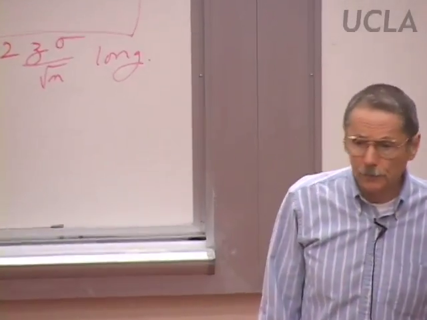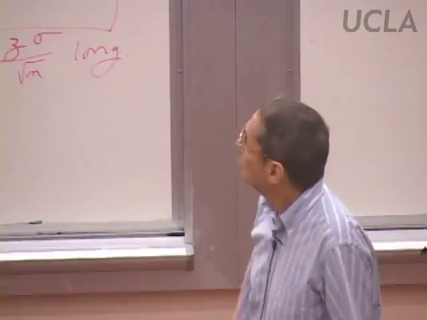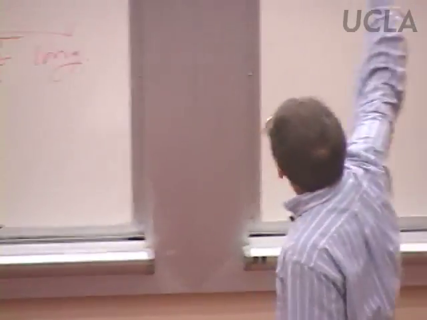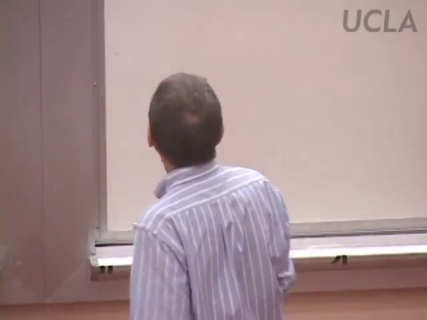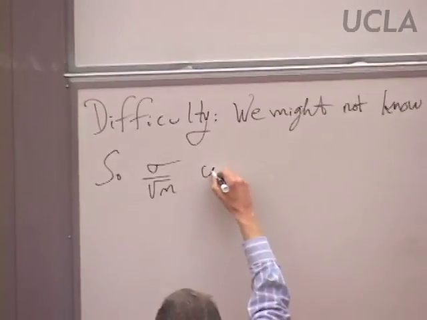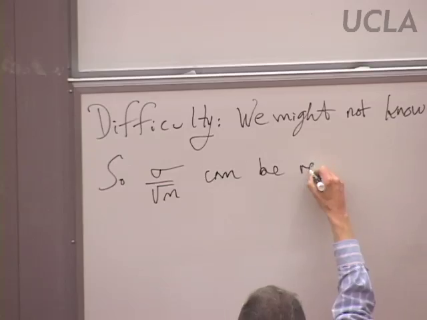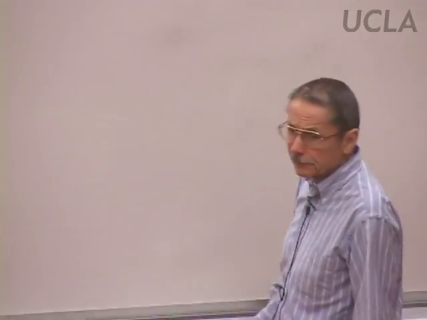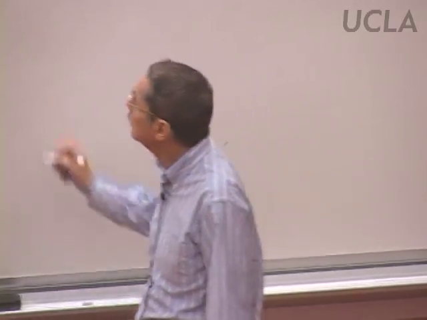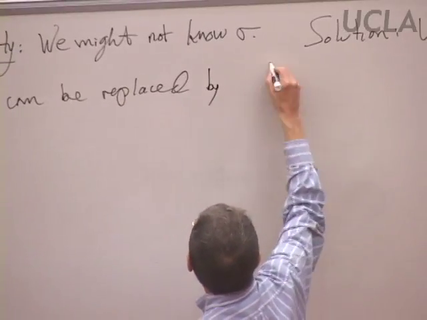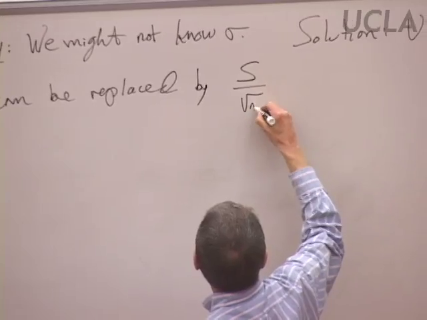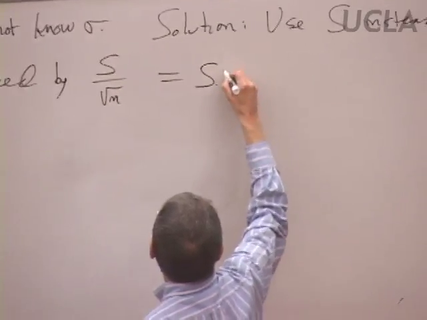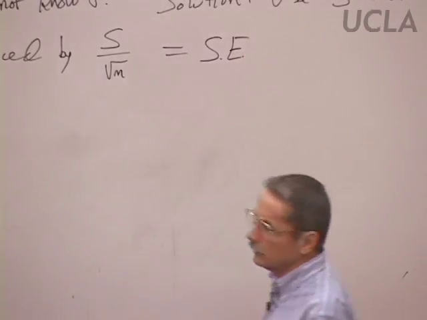Instead, we'll use S over the square root of n, which is nothing but the standard error. It can be replaced, yeah, with some error, but these are all approximations anyhow. S over the square root of n, which we recognize as the standard error.